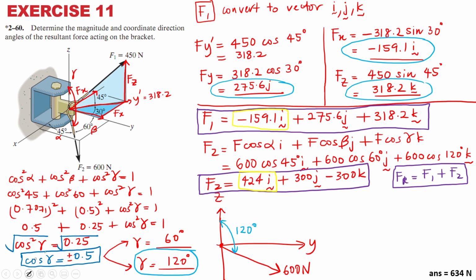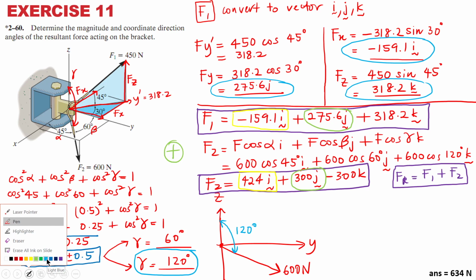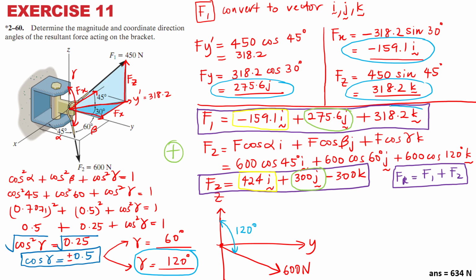J component, this is your J component, add with your J component, add them together. And finally, K component, this is your K component, add with your K component, add everything up.